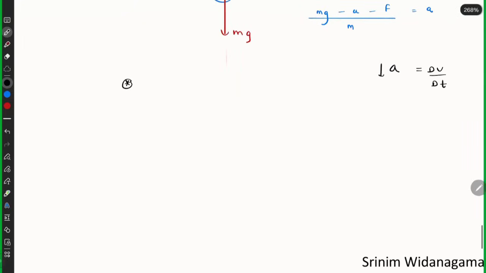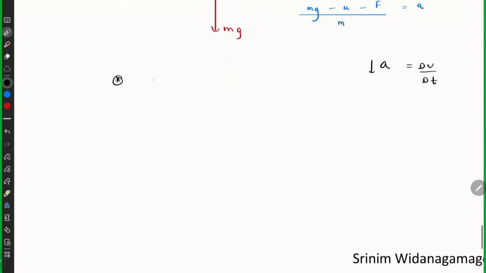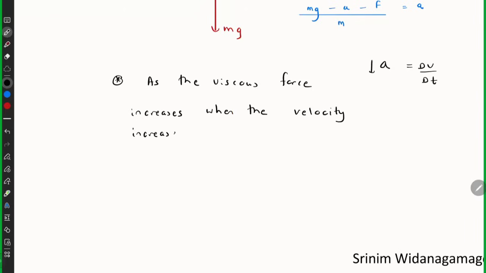So as the viscous force increases, when the velocity increases due to the downward acceleration, what can we say? The upward resistance grows, right? Which is reducing the net downward force.